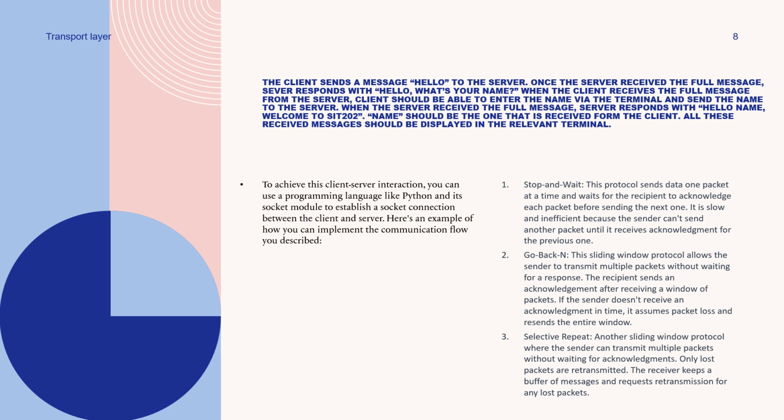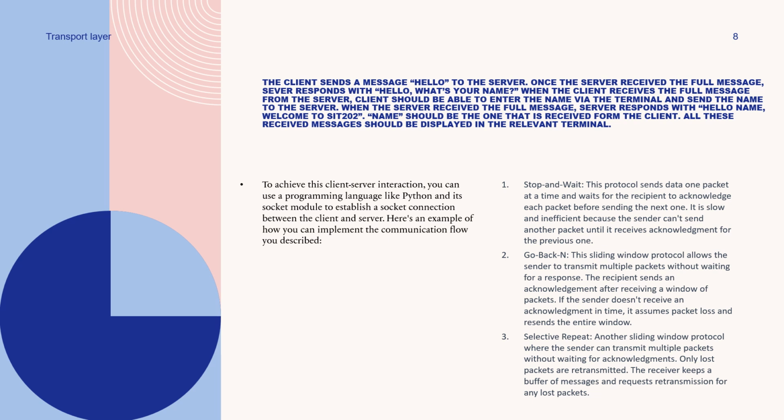So this question is done by Python coding, and there are three main components of this: stop and wait, go back, and selective repeat. Starting with the first, this protocol sends the data one packet at a time and waits for the receiver to acknowledge each.